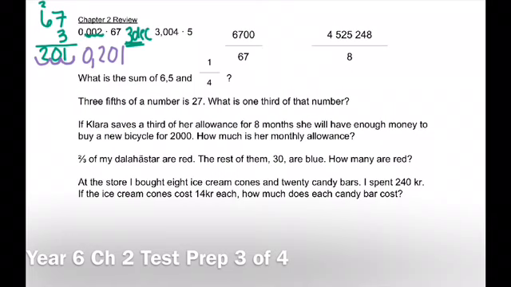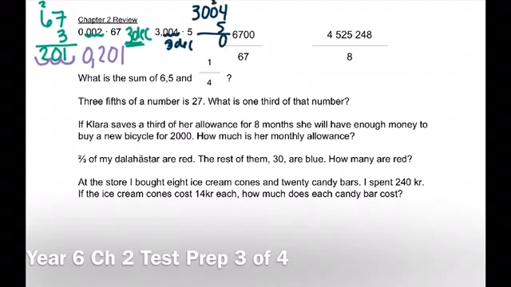Then the next one, same thing. Count the decimal places. I see that there are 3 decimal places. And then I'm going to do what's left. 3004 times 5. So 5 times 4 is 20.